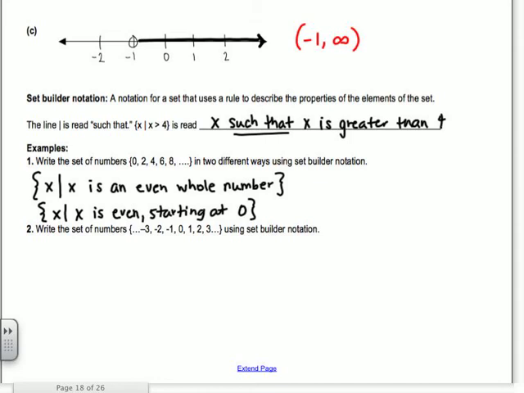Or you could do it really symbolically. This is the way later on in math people write things, but I don't expect you to know it right away. It's x such that x is even, and then you can say x is an element of. See that fancy E? It looks like this. That means element of.